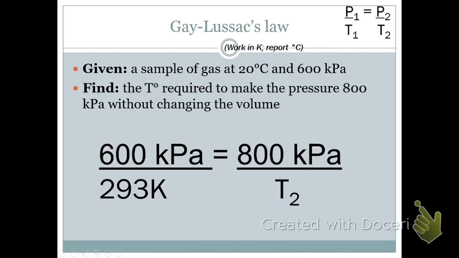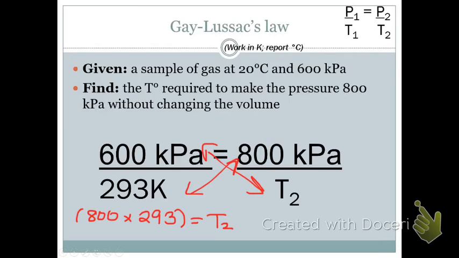Once we plugged it in, we are going to then cross multiply, and that is going to give us 800 times 293, which is going to be equal to the new temperature times 600.